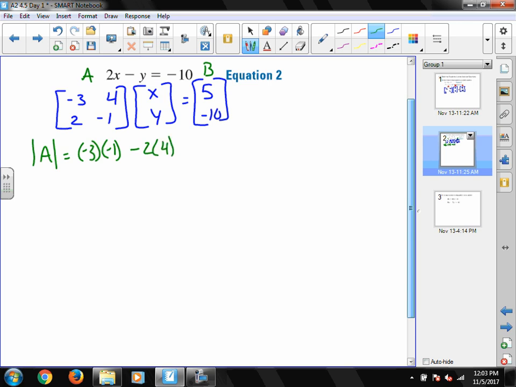I am working to find the inverse of A. So I'm going to get 3 minus 8, if you can multiply correctly. Seems to be my style these days. So you're going to end up with -5 as that determinant.